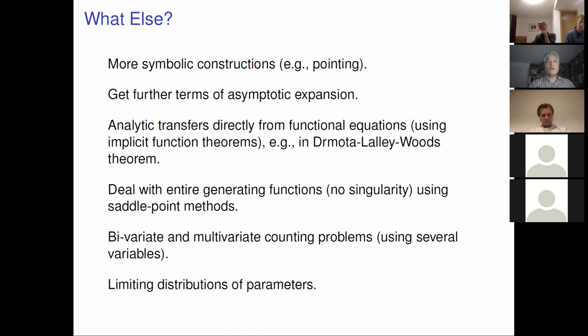For example, when you analyze binary trees, a parameter that is interesting is the height of the tree, and you can model that with two variables. Besides having z to the n, where n is the number of nodes in the tree, you will have another variable u to the k, where k is the height of the tree, and you can work with that.